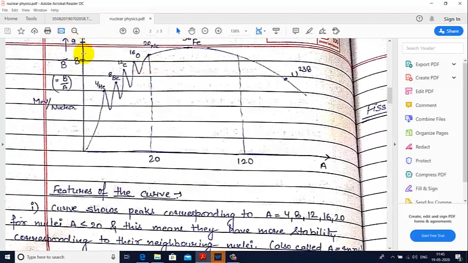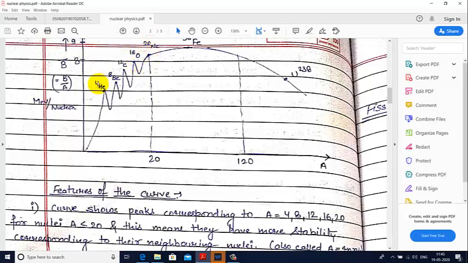The first point is that there are some peaks obtained at certain values in the range when mass number is from 0 to 20. Like there is 4He, there is another peak of 8Be, then 12C, then 16O, then 20Ne.